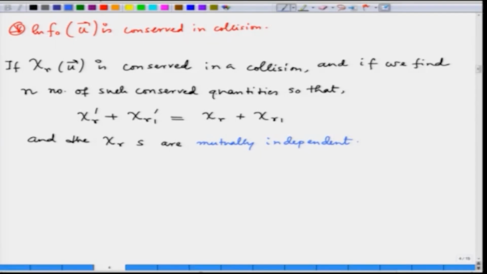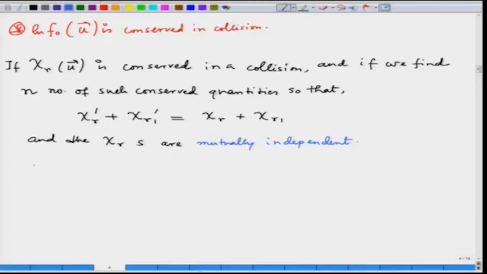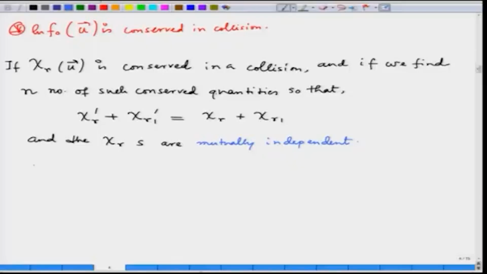For example, if you are considering the conservation of momentum, you can think the three components of the momentum will be conserved in a collision separately or individually. So, the three components are conserved being independent of each other, and there is another independent conservation, which is also a pure function of velocity, that is the kinetic energy. There is another conservation which we do not talk about in general, that is the conservation of number. So, the number of the particles are also conserved before and after the collision.